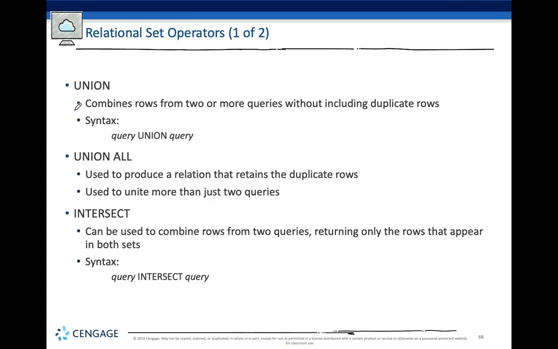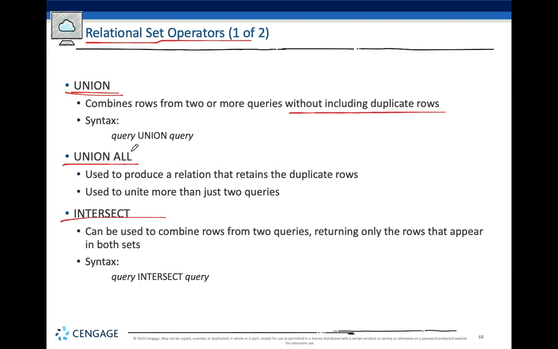All right, so lastly, we come to relational set operators. Now, set operators consist of three main operators. We have the union operator, union all, and intersect. Union will combine the rows from two or more queries without including duplicate rows, right?